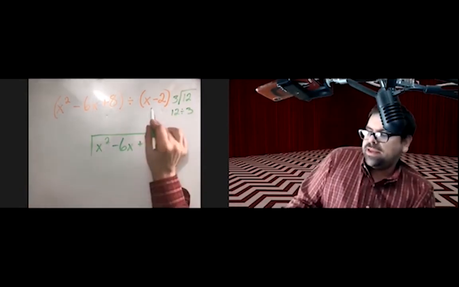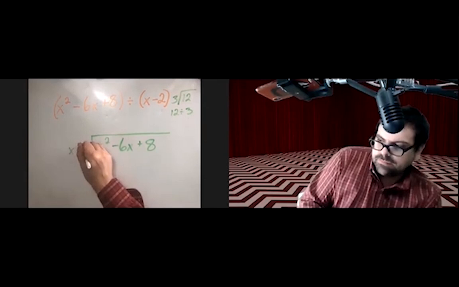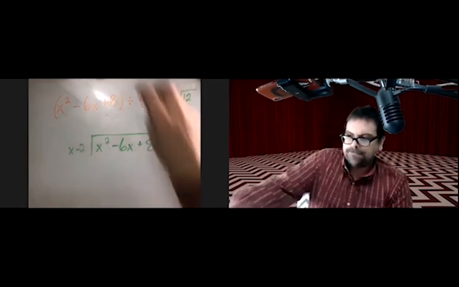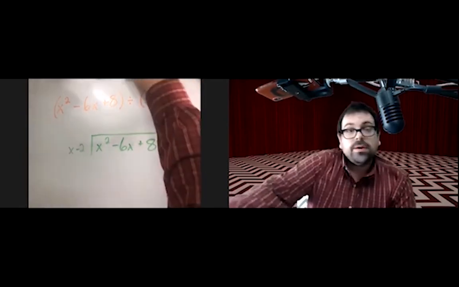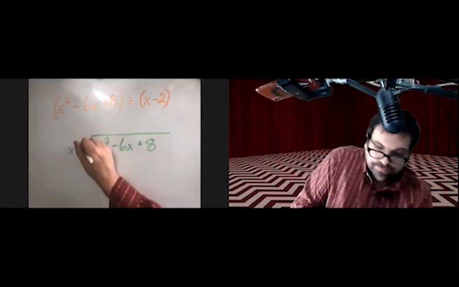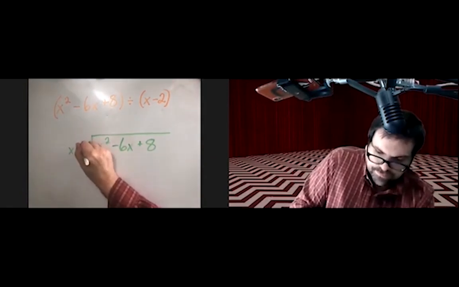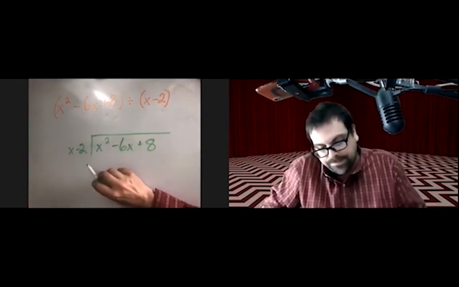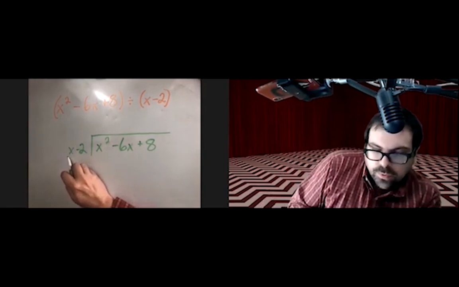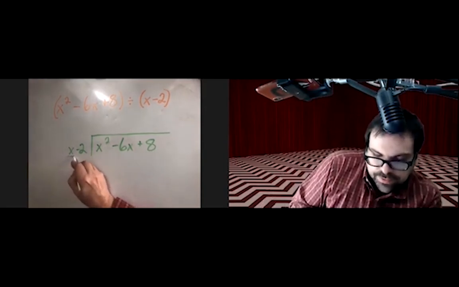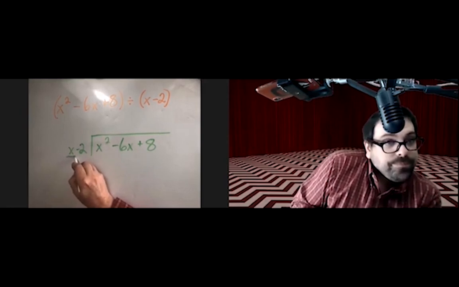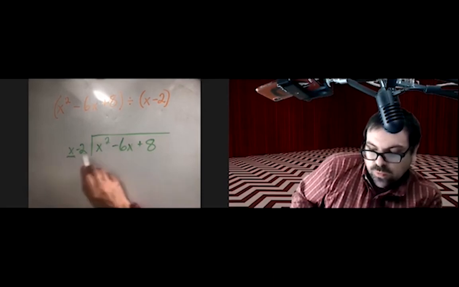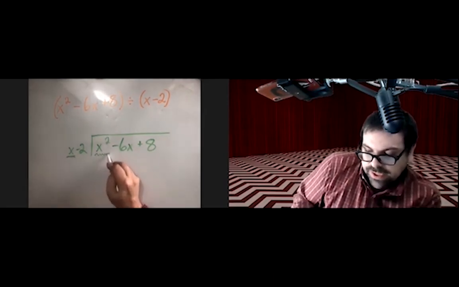On the outside, the thing we're dividing by, x minus 2. Here are the steps. We're going to look at just the first term, and we're going to ask ourselves, this times what gives us the first term here?